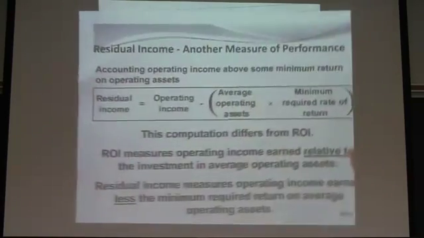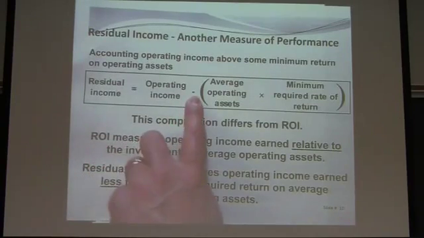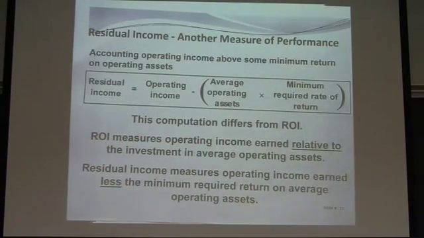The second way to measure performance is perhaps using a different method called residual income. And residual income essentially allows us to address some of the shortcomings of the ROI. This formula says we're going to take the operating income, which is the same as the ROI formula, which is net income before tax, and we're going to subtract a charge of using that asset.